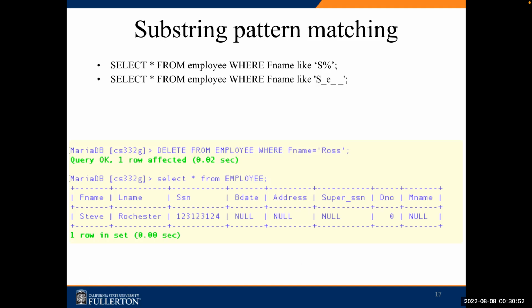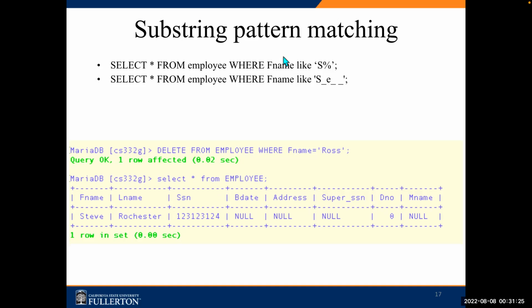And you also have some substring pattern matching options that come with the select command, which would be select all from the table name where this is the attribute name, like S percentage within quotes. Now, percentage is nothing but a wildcard that would accept any value.